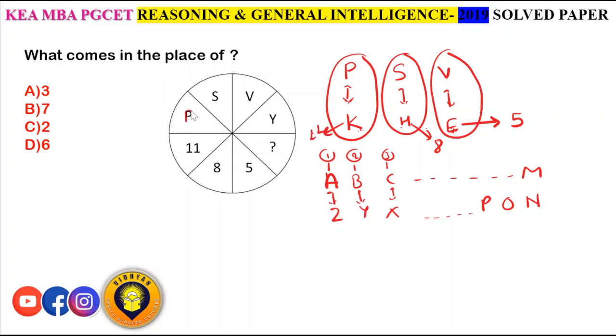P's opposite letter is K, K place value is 11. S's opposite letter is H, H place value is 8. V's opposite letter is E, E place value is 5. Similarly, Y's opposite letter is B, and B's place value is 2. So option C, 2, is the answer.